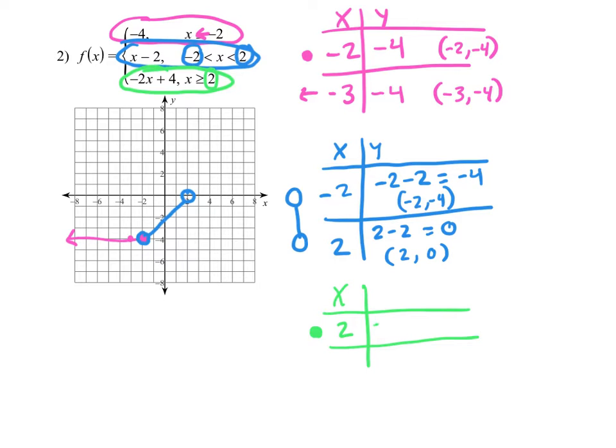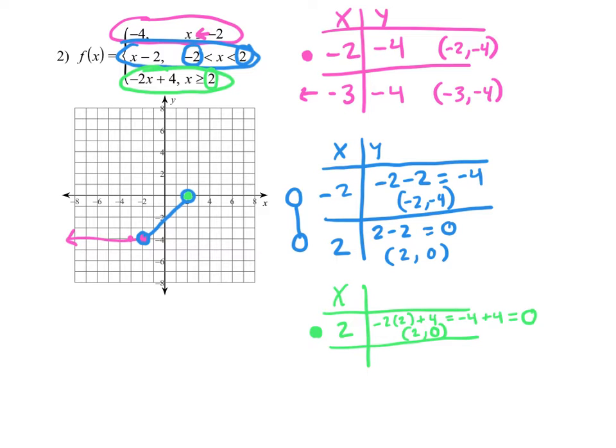So let's plug in 2. We have -2 times 2 plus 4. What's -2 times 2? -4. And -4 plus 4? 0. So then what's our point here? 2, 0. So we go to the right 2 and stay on 0 and put a closed circle there.